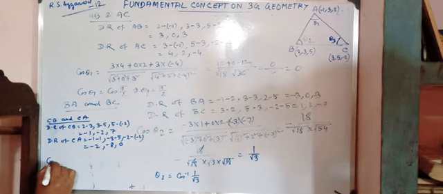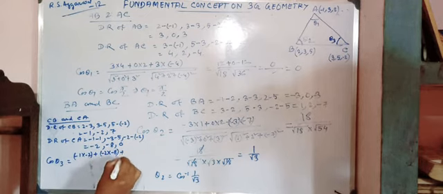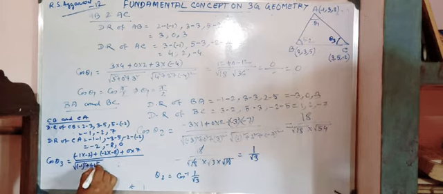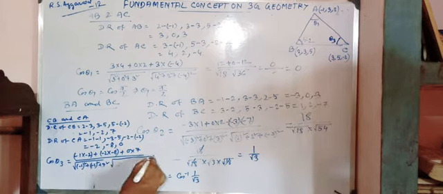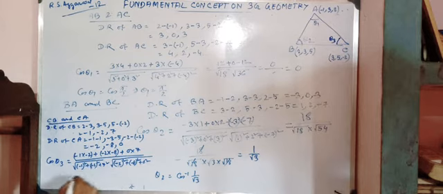So cos theta 3 should be minus 1 into minus 2 plus minus 2 into minus 8 plus 0 into 7, divided by root of minus 1 square plus minus 2 square plus 7 square, into root of minus 2 square plus minus 8 square plus 0 square.